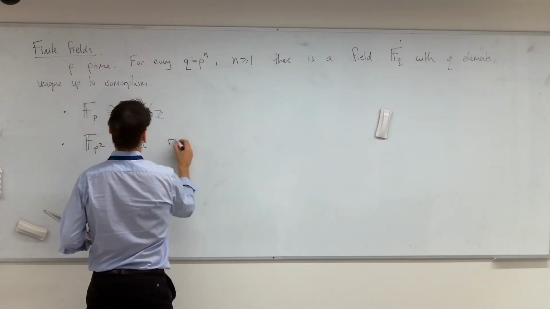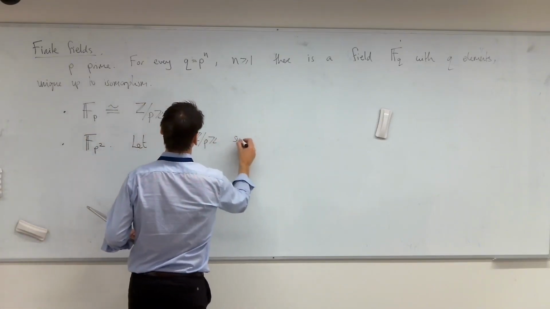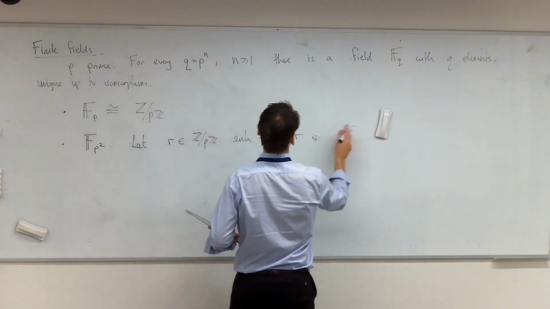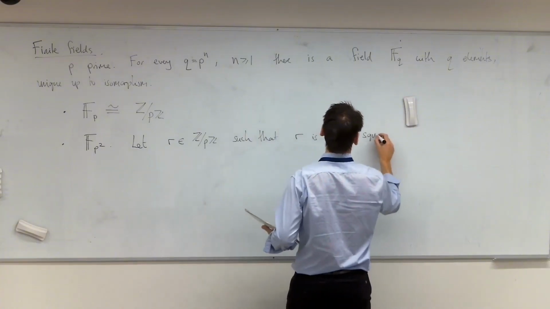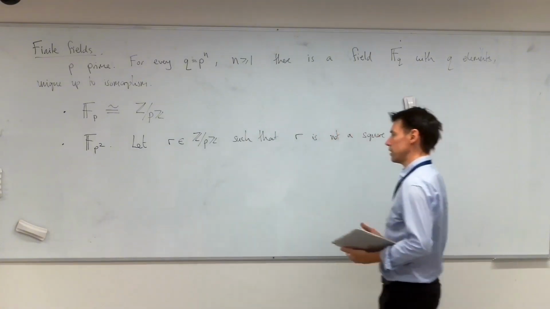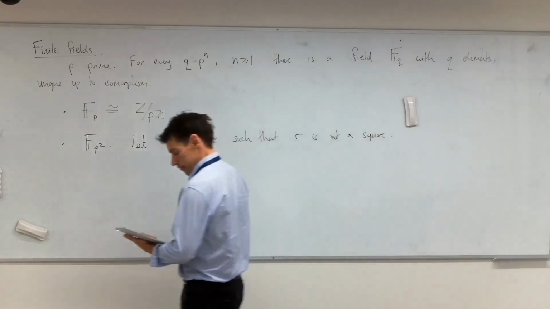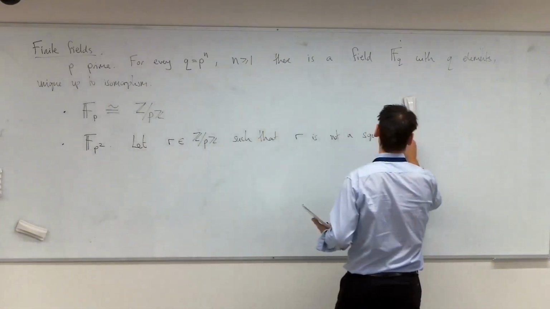You let r in Z mod pZ be such that r is not a square. So it's a quadratic non-residue. It's not a square mod p.